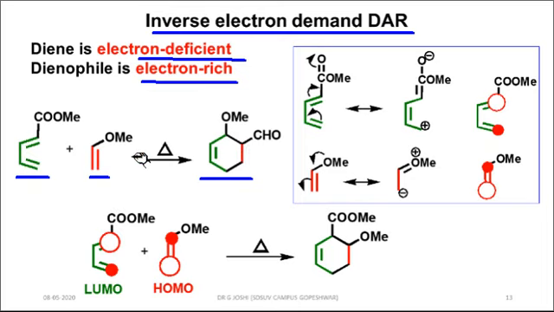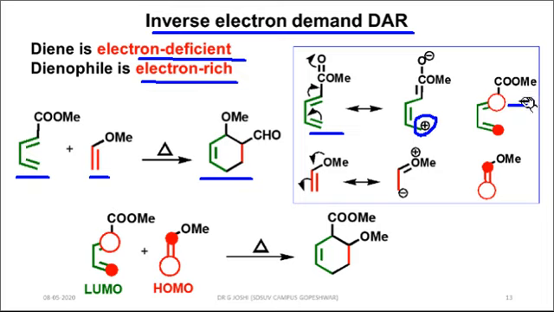Again, this Diels-Alder reaction is more dependent on orbital coefficients rather than on charge distribution. In this case, if we see the effect of the electron withdrawing group on the diene, carbon number 4 becomes electron deficient, meaning electron poor compared to carbon number 1.